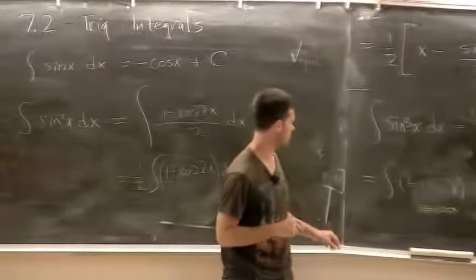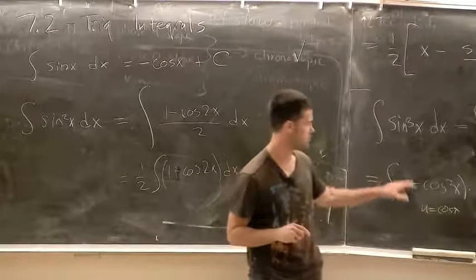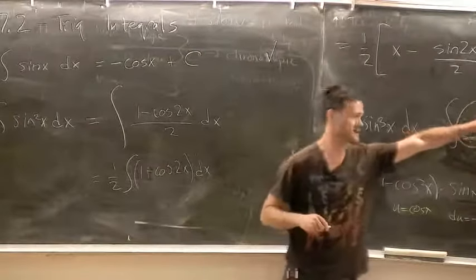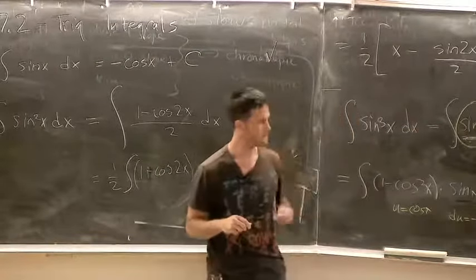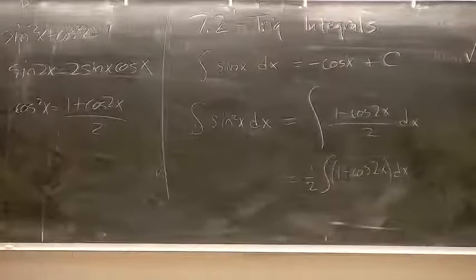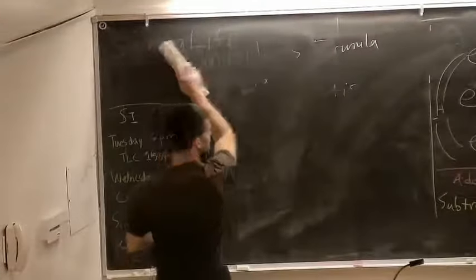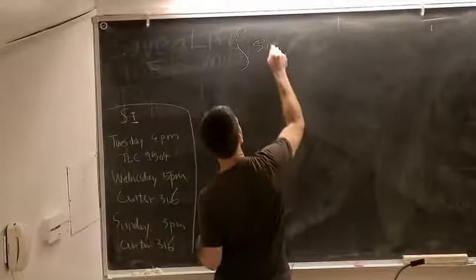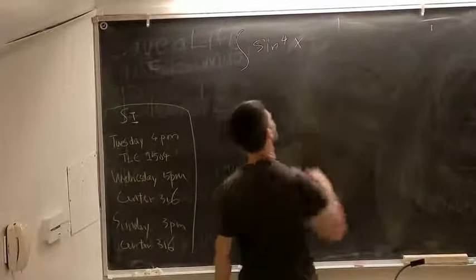So the important new thing to learn here was the trick of taking the sine squared and replacing it by 1 minus cosine squared. All right, so remember that trick. Let's see. That was sine cubed. Let's go up to sine to the 4th. All right, moving on to sine to the 4th.